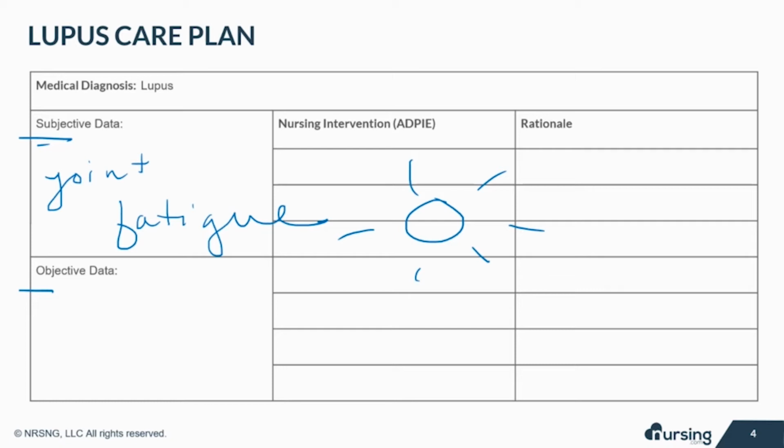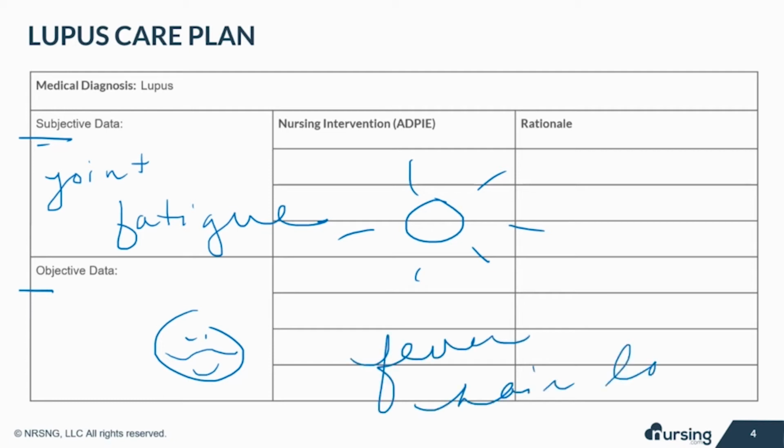Objective data that your patient with lupus may present with includes a butterfly or malar rash on the cheeks and across the nose, swollen joints, unexplained fever, hair loss, swelling in the legs or around the eyes, mouth ulcers, swollen lymph glands, and Raynaud's phenomenon with pale or purple fingers or toes.